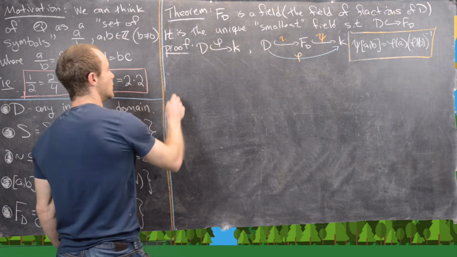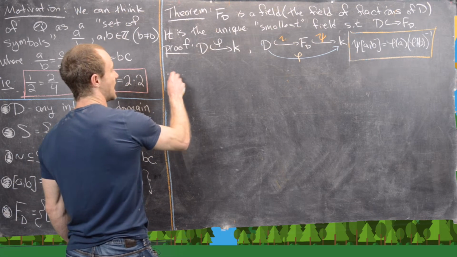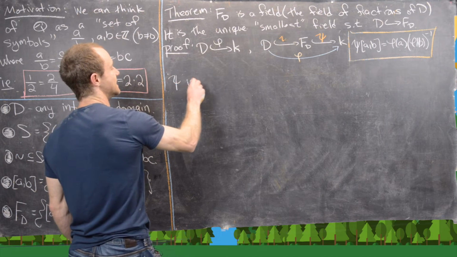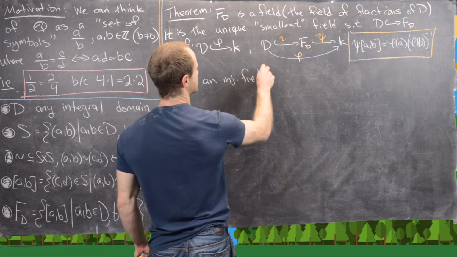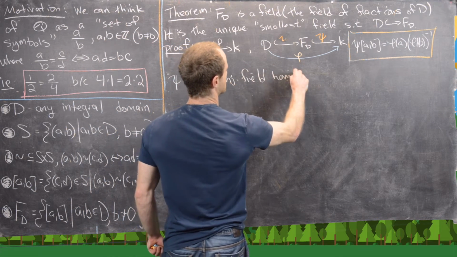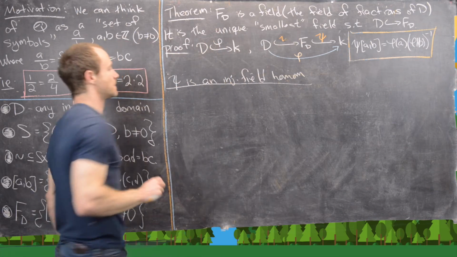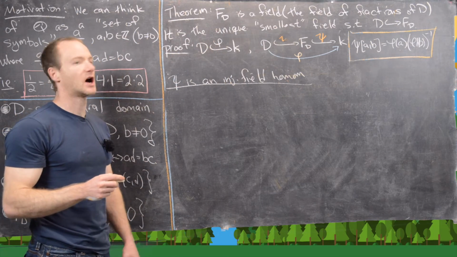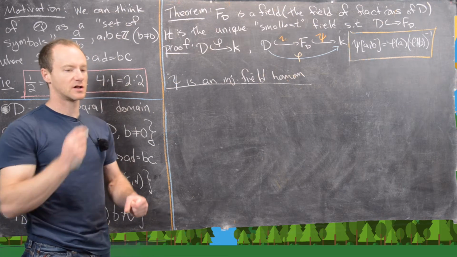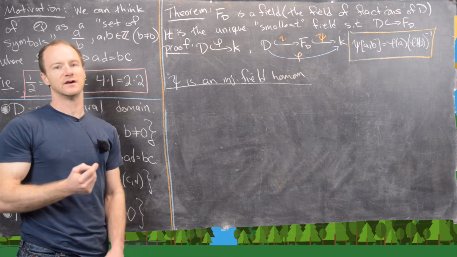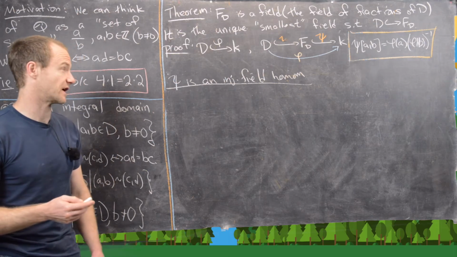We have two things to check here, and the first one is that psi is an injective field homomorphism. In fact, all non-trivial field homomorphisms are injective because the kernel is always an ideal, but the ideal of a field is always trivial, or the whole thing anyway.